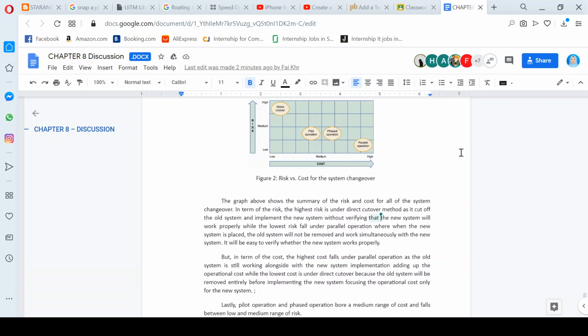Chapter number 9 is about system maintenance. Dekat dalam SDLC tu fasa yang terakhir ataupun step yang kelima adalah system maintenance. Saya akan bagi kamu video dia pada hari Rabu nanti. Jadi untuk hari ni kita just fokus kepada revision untuk chapter number 8.